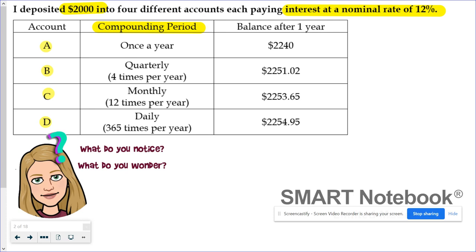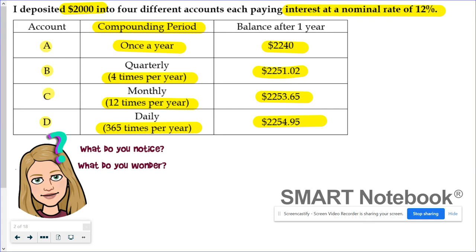So when the interest was compounded only once a year, at the end of that year, I had $2,240 in my account. When the interest was compounded quarterly, so 4 times per year, I had $2,251.02. 12 times per year, $2,253.65.